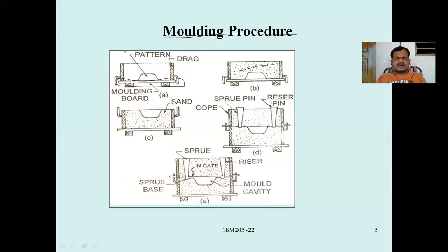Two are there, and what we have in the bottom position, that board we call as molding board. Total core box and draw box, they are kept on a molding board.